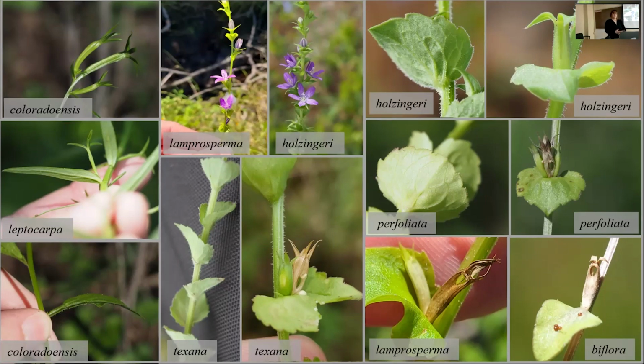So I can talk about that more later, but definitely looking at the capsules here, it's really important to tell the species apart. And leaf trait and capsule morphology are basically the main things that the key lists as identifiable. So we did a good job there.